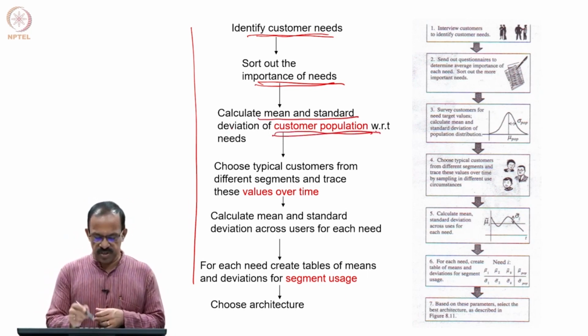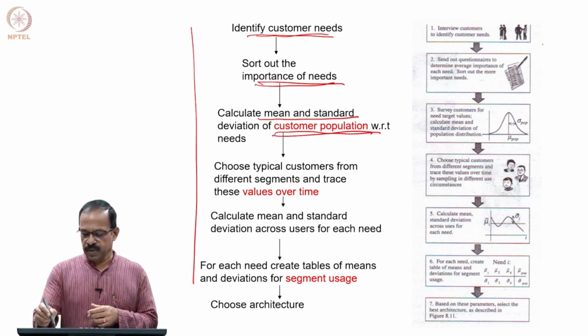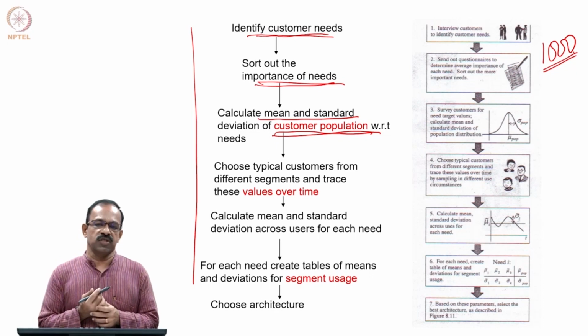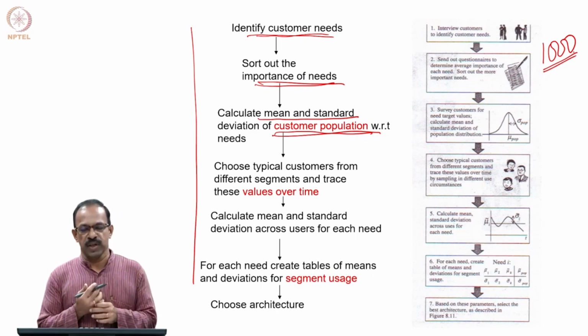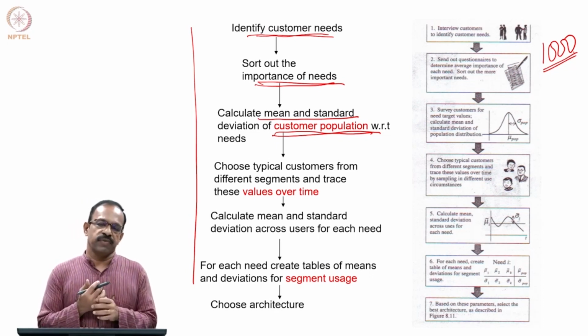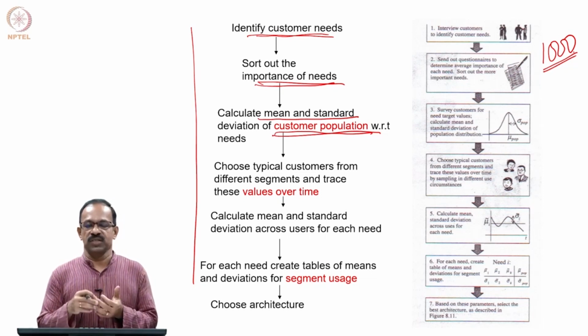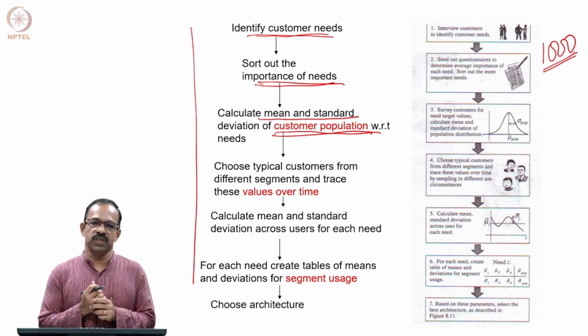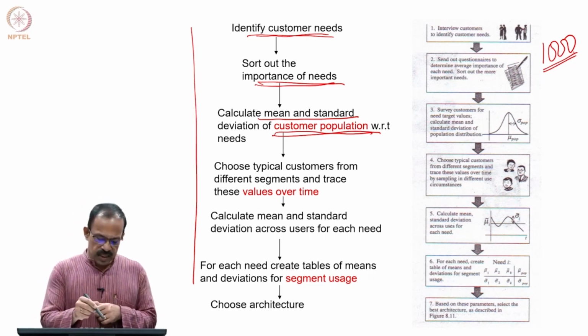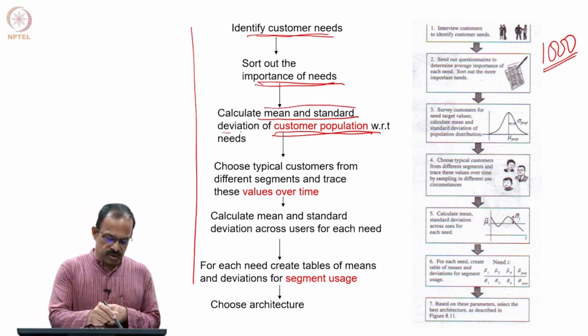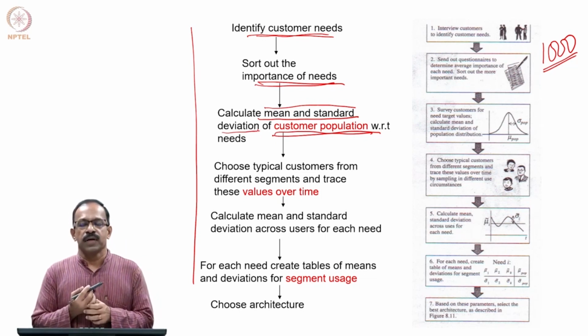Suppose there are 1000 customers you identified. For these 1000 customers, there may be 3 or 4 needs that you can take initially, for example, cost, size and processing capability, and then find out the mean and standard deviation of these values of these customer needs. That is the first step.